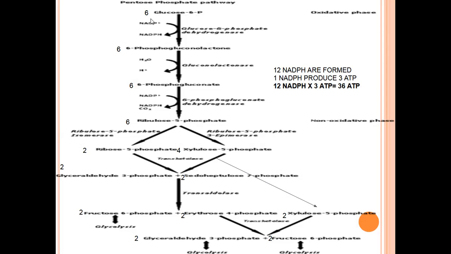The 6 molecules of glucose 6 phosphate are involved in the oxidative phase.